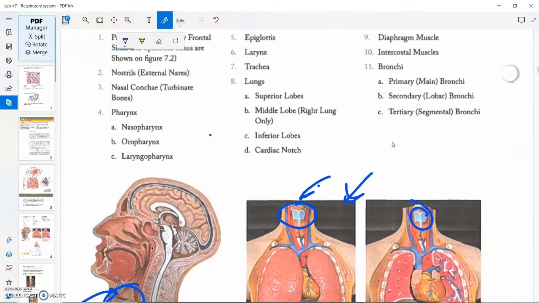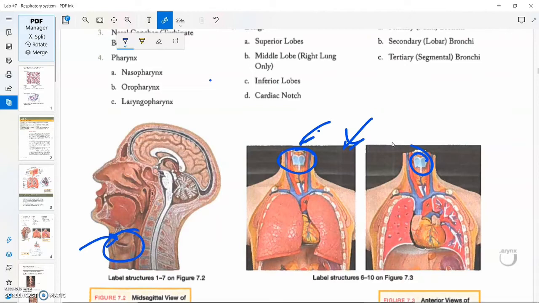Now let's look at the lungs. The left and right lungs: the right has three lobes. Superior lobe of the left lung and superior lobe of the right lung.